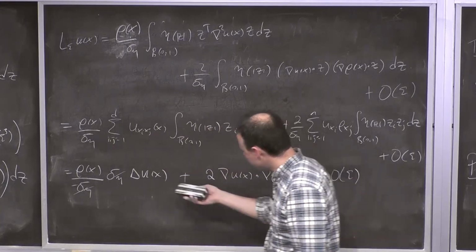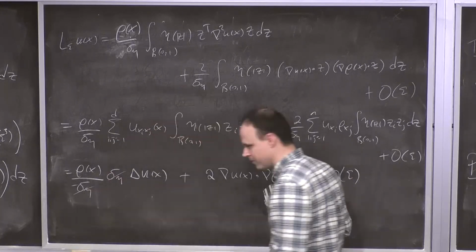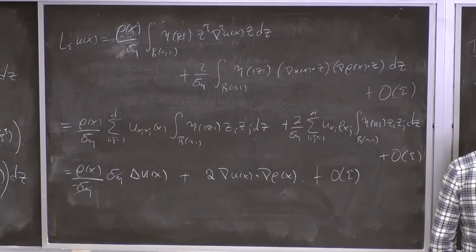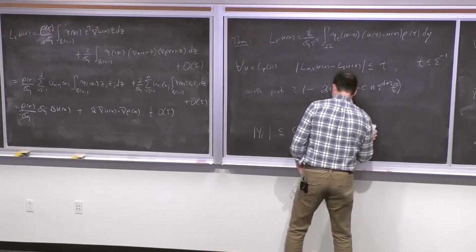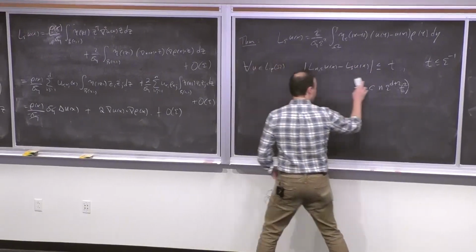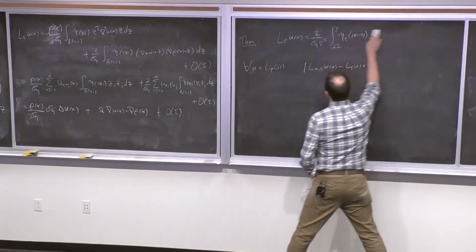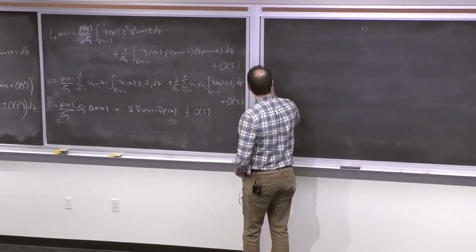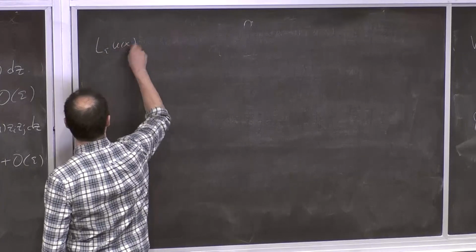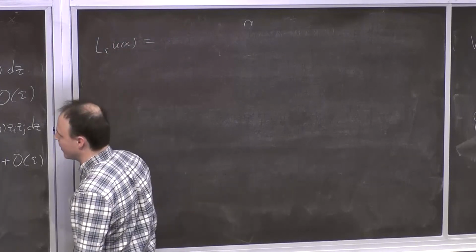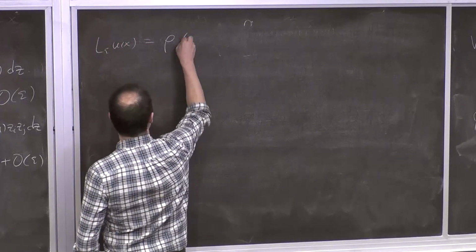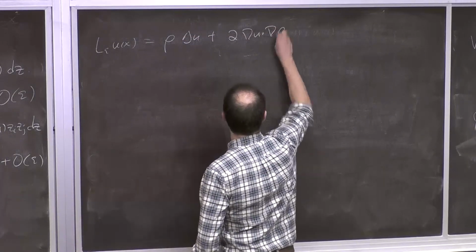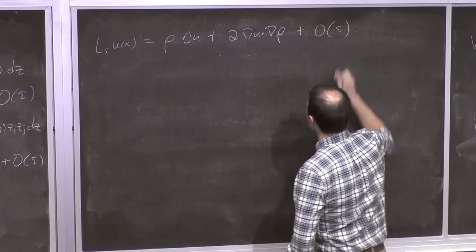So you have diffusion that depends on rho over here, and you have a drift term. But it's also useful to write this in divergence form. So here I've gotten, let's just record this, L epsilon u of x is rho Laplacian u plus 2 grad u dotted with grad rho plus order epsilon.